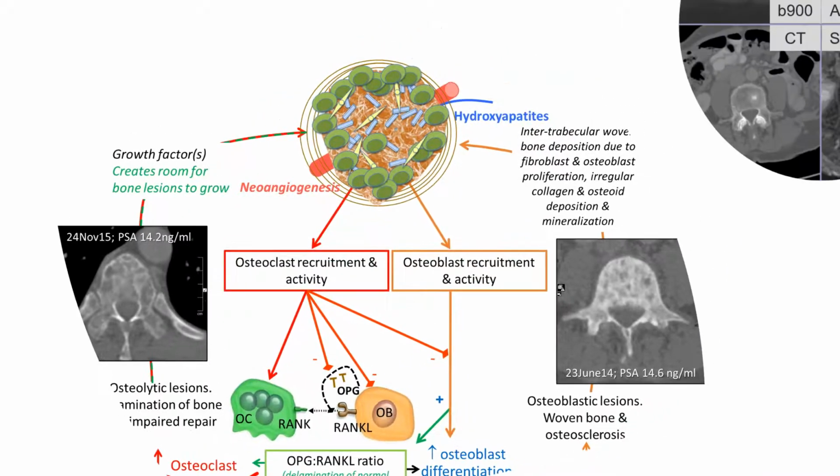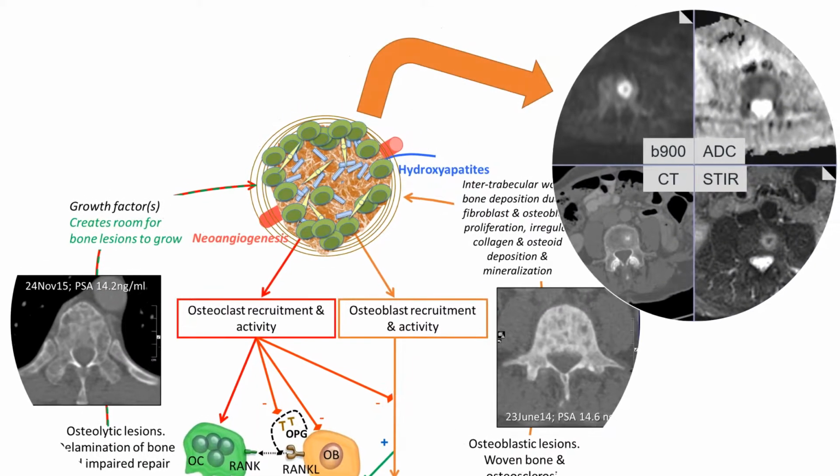And in fact, you can see this on a CT scan. If you look at the CT scan, you can see there's an area of dense nidus mineralization in the middle of a metastasis, around which you can see a small halo. And this halo contains highly cellular material, as you can see on this high b-value image, which has a low ADC.